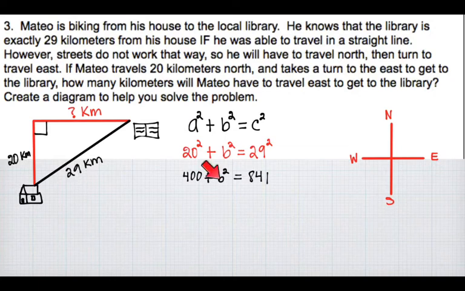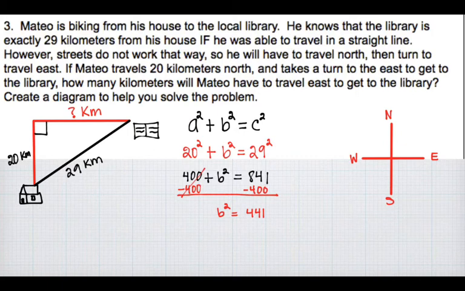Okay, so now what I want to do is I want to isolate B squared. I want to have this by itself. So I'm going to subtract 400 from both sides. Minus 400 here. Minus 400 here. And I get B squared equals 441.